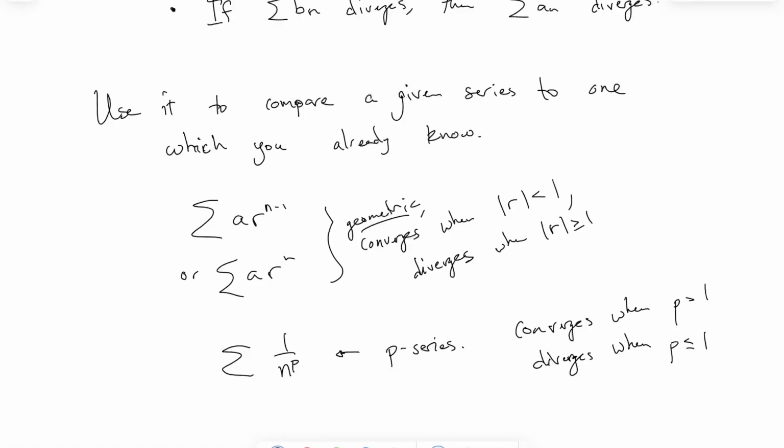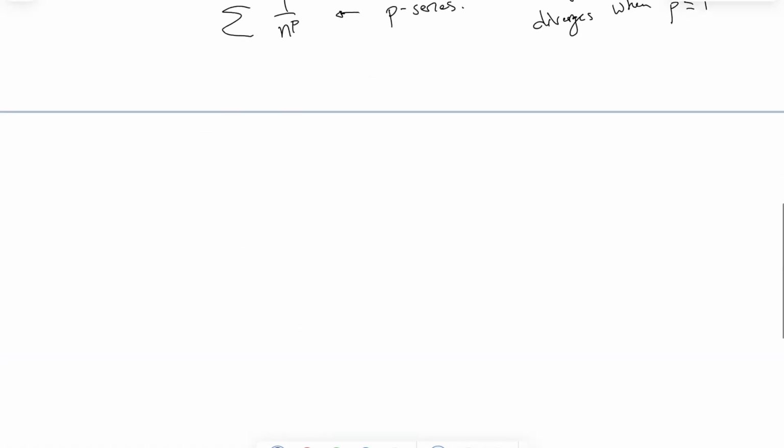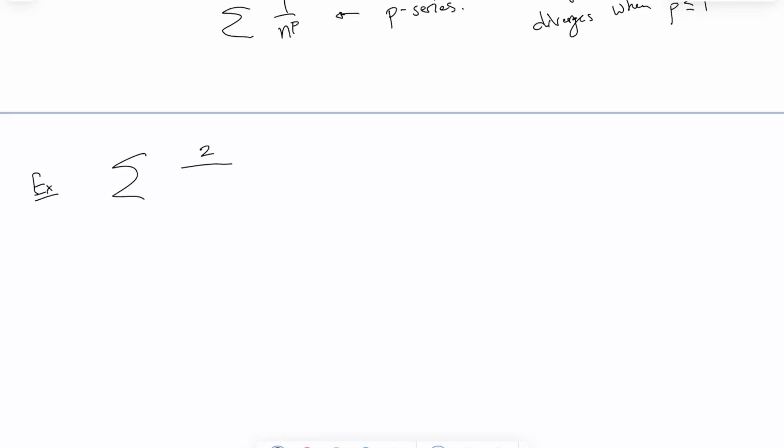It doesn't exactly look like those, but you can compare it to one of these. And these you already know how to understand properly. All right, so I got a few examples, and then I got some for you all to try. How about this here? 2 over n cubed plus 3n plus 7. And the question is, does it converge or not?